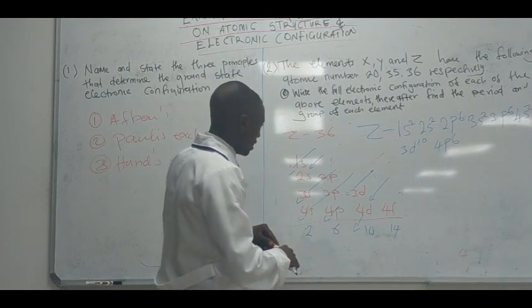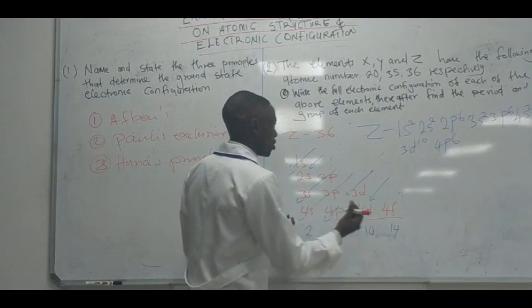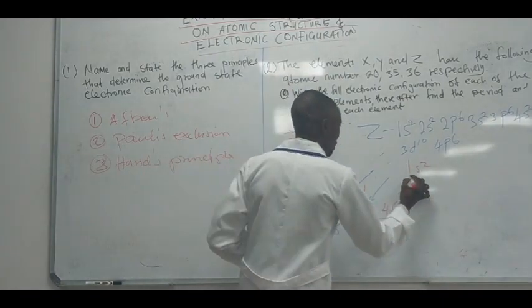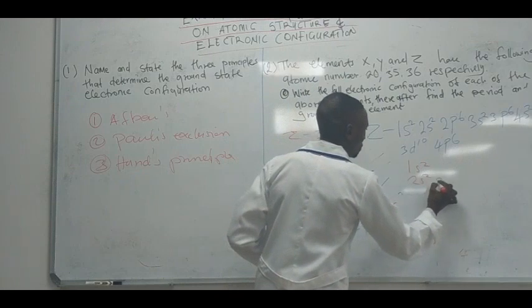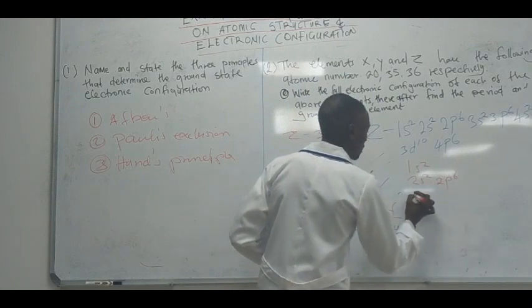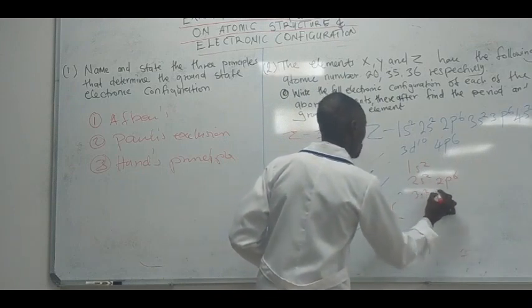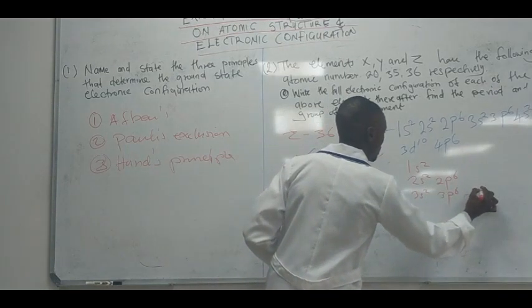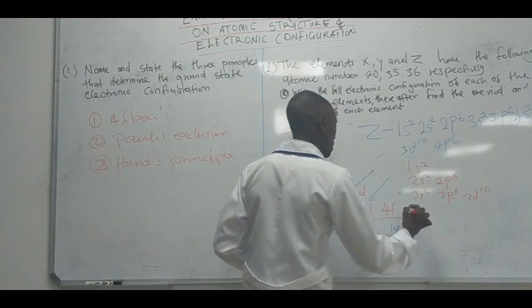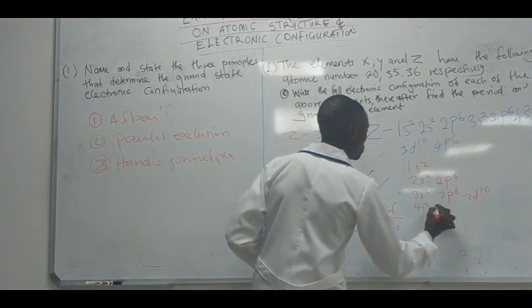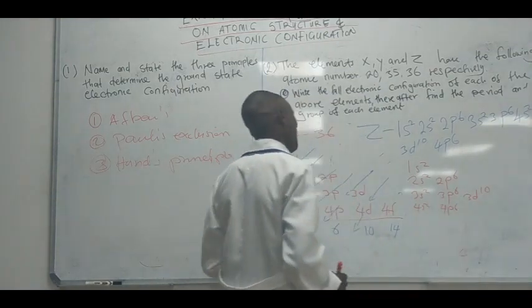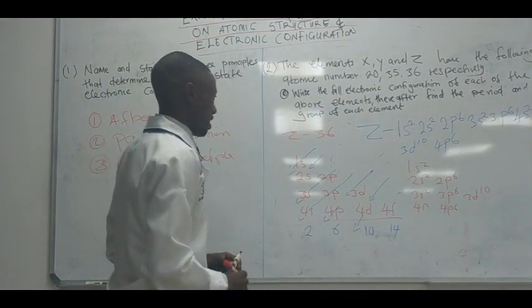I have my 1s2, 2s2, 2p6, 3s2, 3p6, 3d10, 4s2, 4p6.